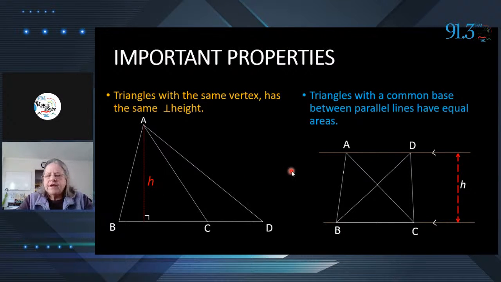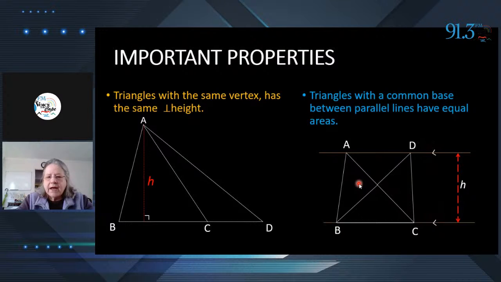Then the second thing that we do, triangles with a common base. Here BC is a common base to triangles ABC and DBC. If you have a setup where two triangles have a common base and you have two parallel lines, the areas are equal.